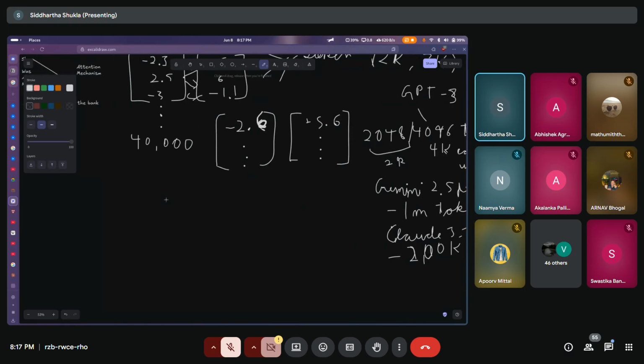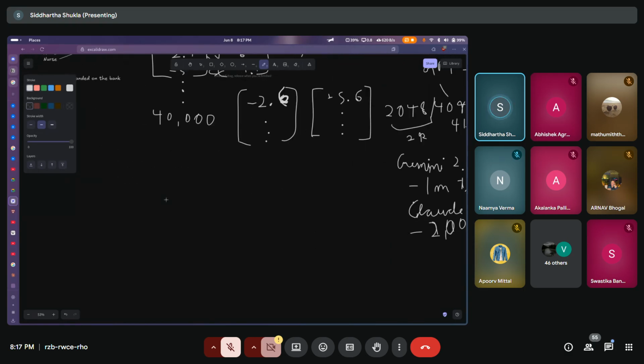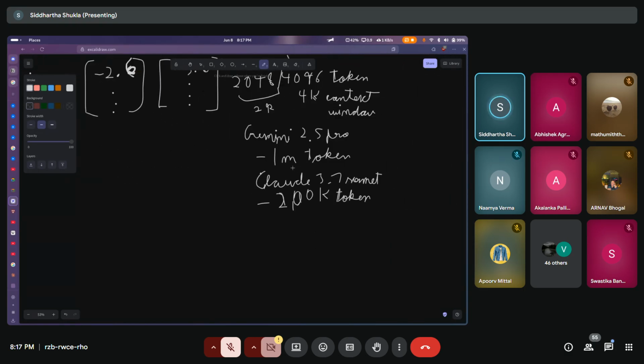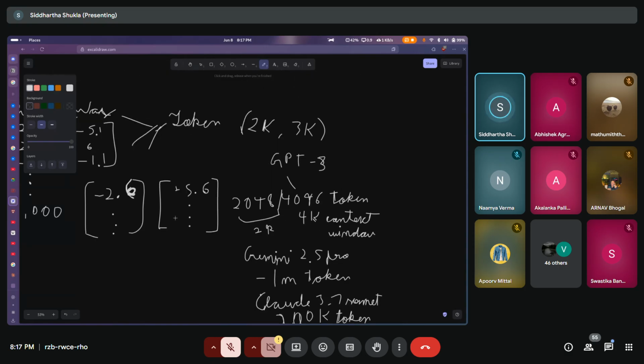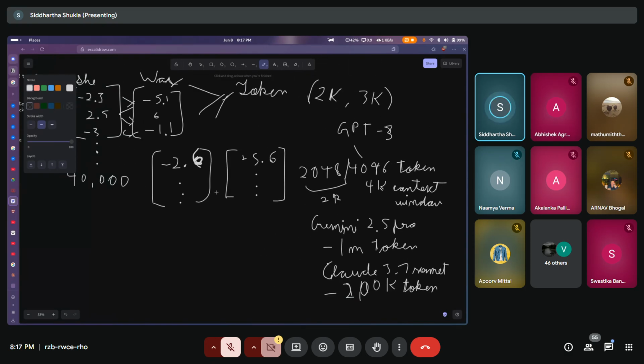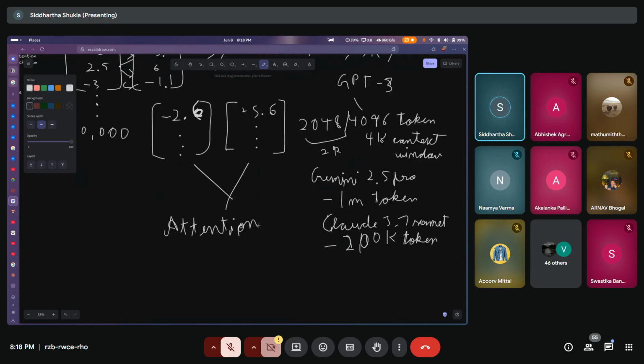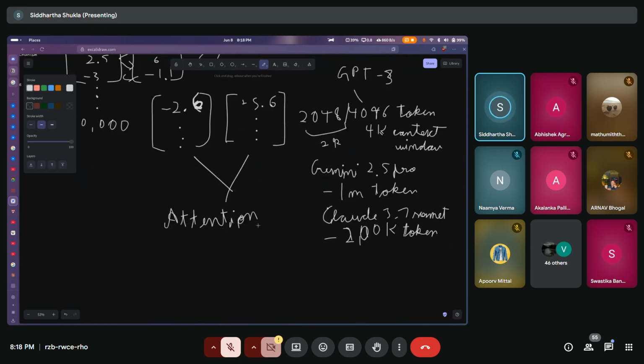Okay, so coming back to the attention mechanism and context size, the attention mechanism lets these vectors all talk to each other.